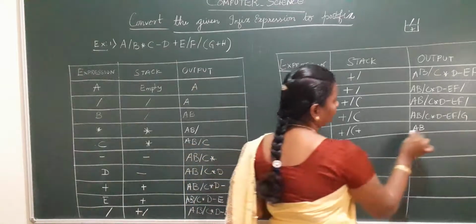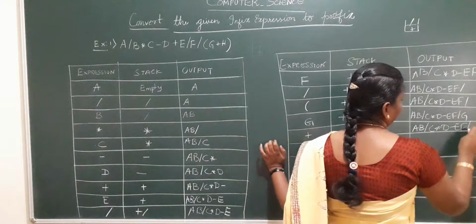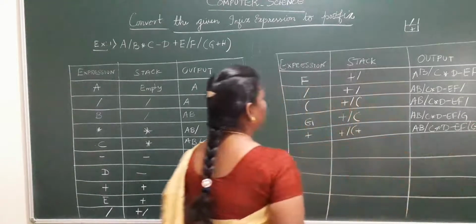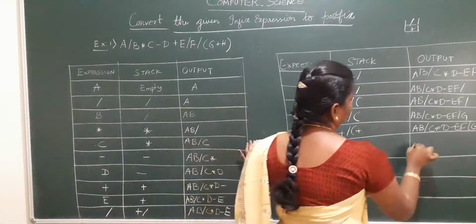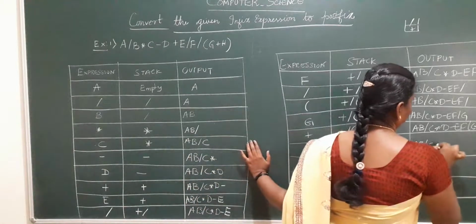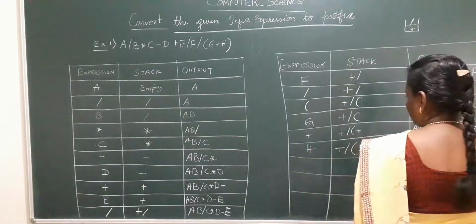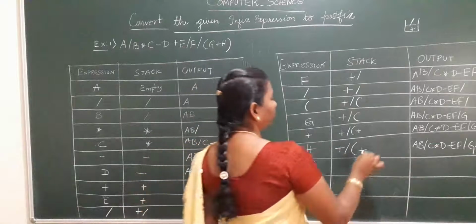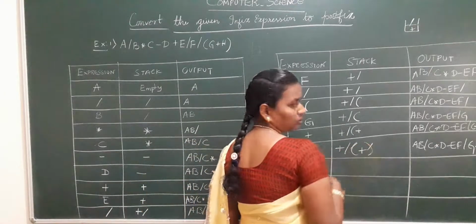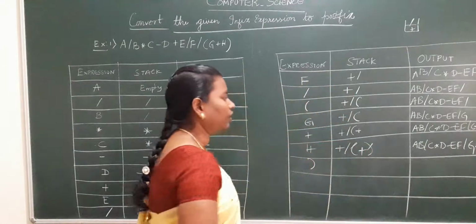Next we have H. Okay, now we have opening and closing bracket. So if I put a closing bracket, opening and closing brace will get cancelled, only plus will go to your output. Okay, so what will happen?